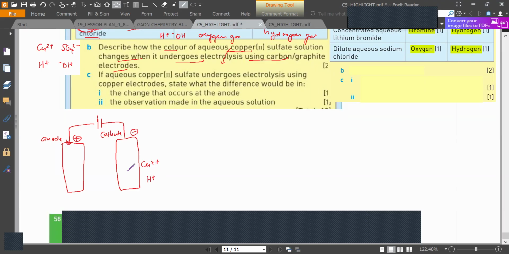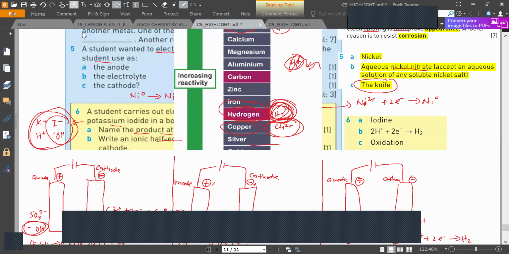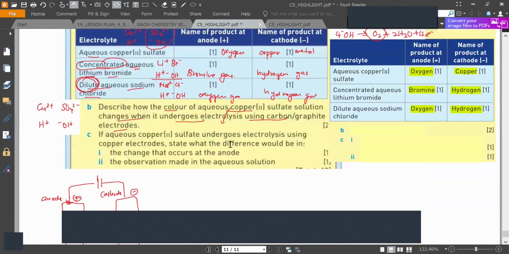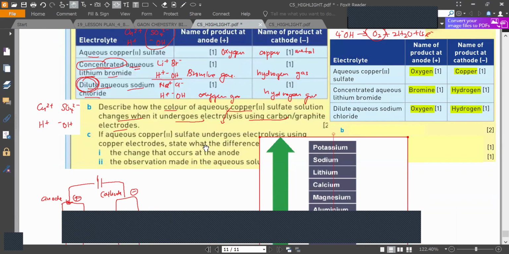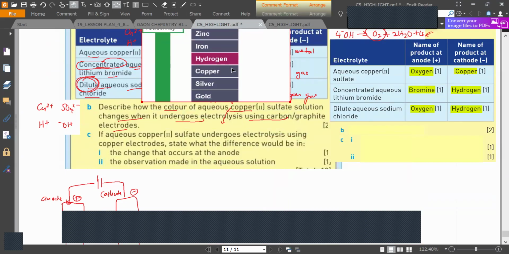Now looking at the reactivity series, what can we see at the reactivity series? We can see hydrogen, copper.